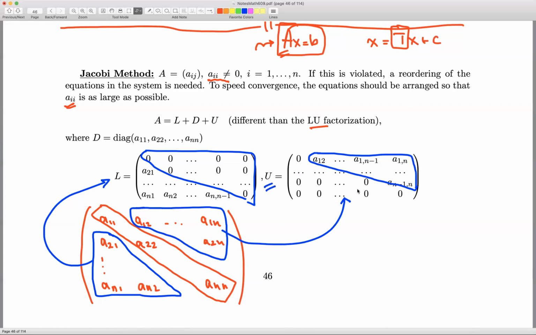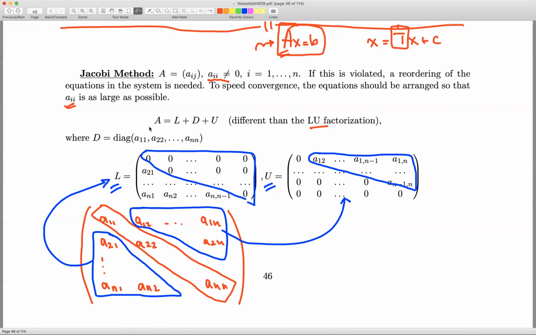Because it is an upper triangular matrix, and actually it's more than an upper triangular matrix, because on the main diagonal it has zeros. And why do we denote this as L? Because it is a lower triangular matrix, and again, it is more than simply a lower triangular matrix. It has zeros on the main diagonal.